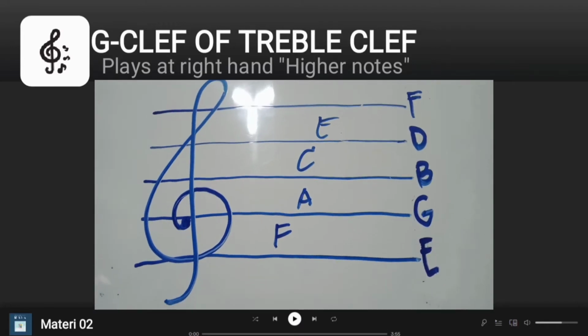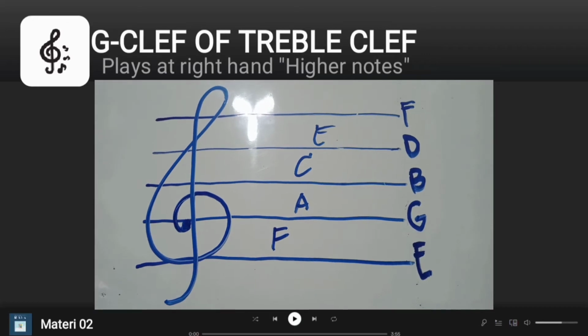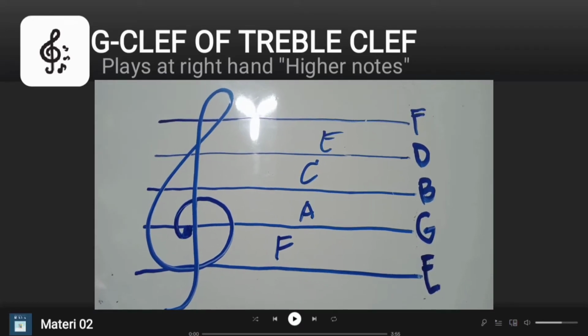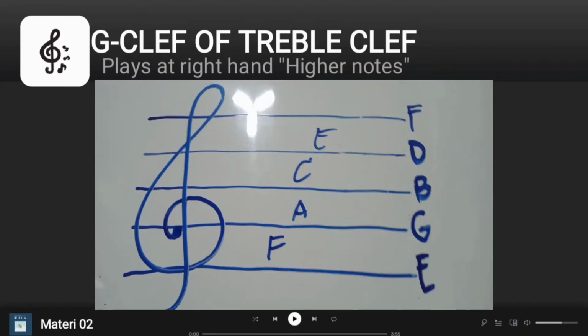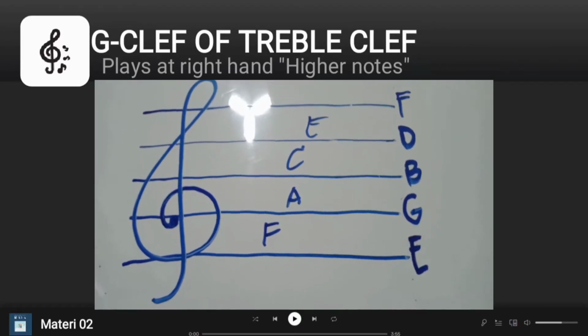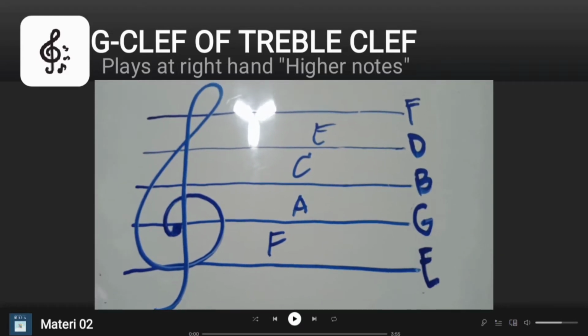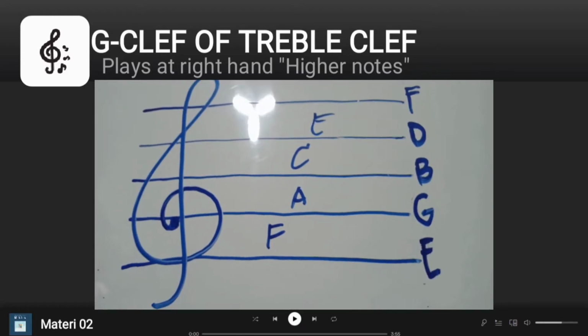So, ibig lang sabihin yan na kung saan naka-wrap, it fixes the note of pitch name G. So, kaya siya tinawag na G clef kasi doon naka-wrap yung hook niya sa pitch name G.